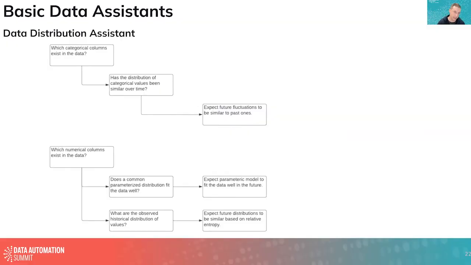Same thing if we look at a data distribution assistant, maybe a little bit more complicated of a flowchart, but very similar. In this case we're dialing in on a couple of different kinds of data, so using a couple of different domain builders. If I look at numerical columns, then I can throw a couple of different parameter builders at it.